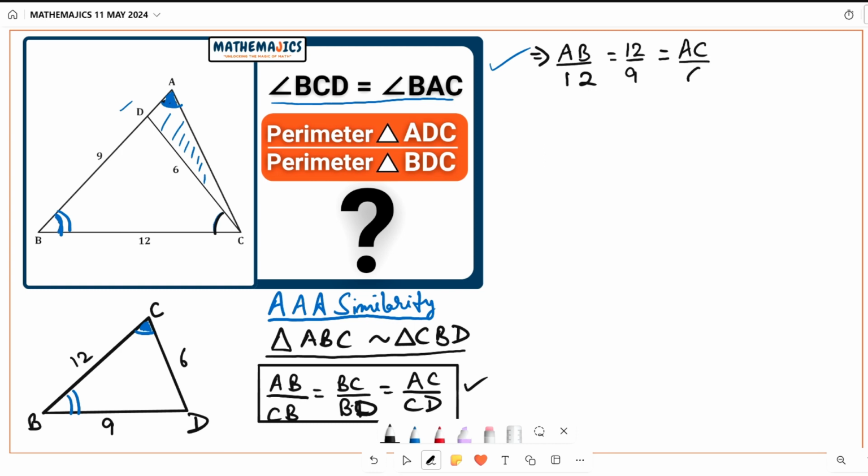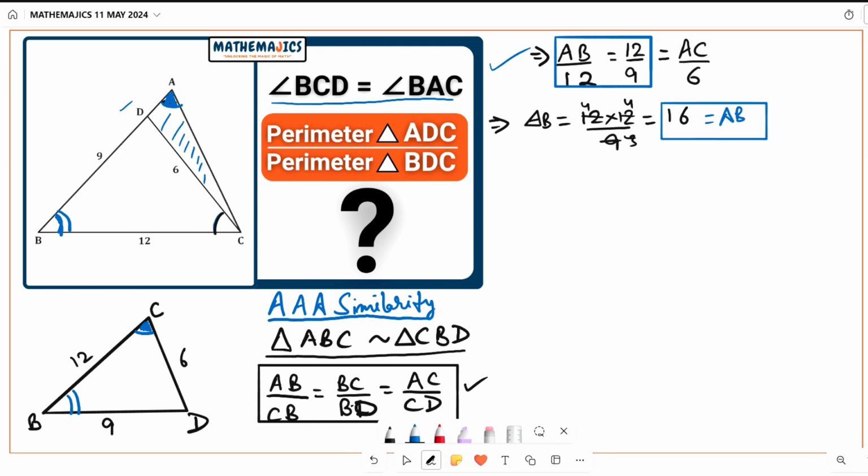What is the length of CD? 6. Now, first I will pick these two. If I solve these two, I will get AB equals 12 times 12 over 9, which is 3 times 4, 3 times 4, that means 16. So the length of AB is 16.